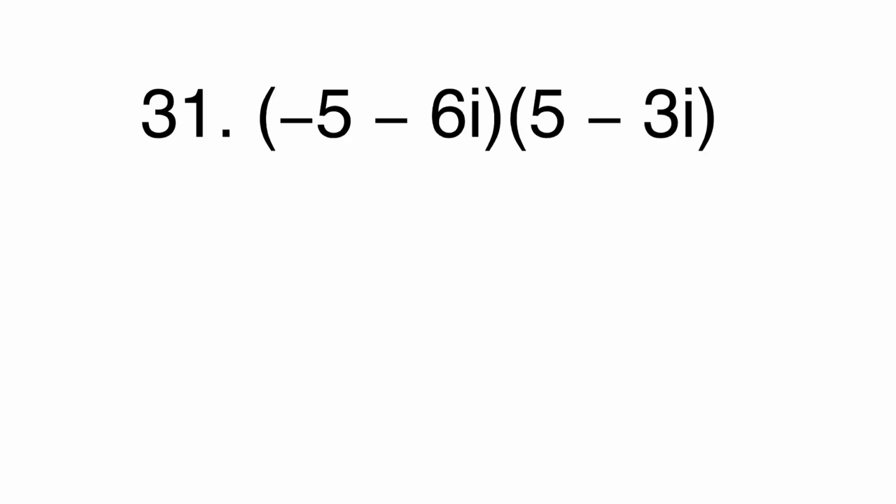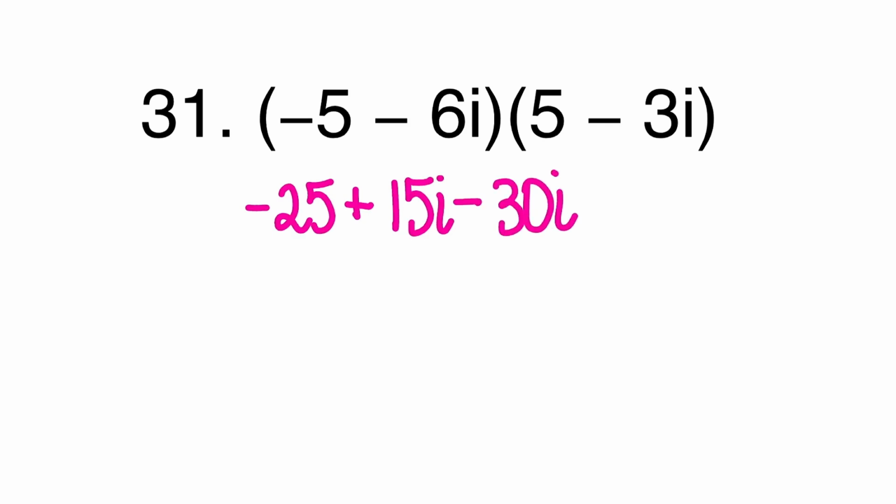Number 31. We have the quantity negative 5 minus 6i times 5 minus 3i. We're going to FOIL this. So we're going to get negative 25 plus 15i minus 30i plus 18i squared.